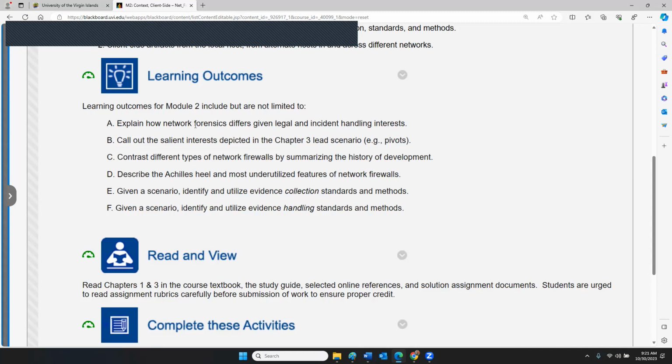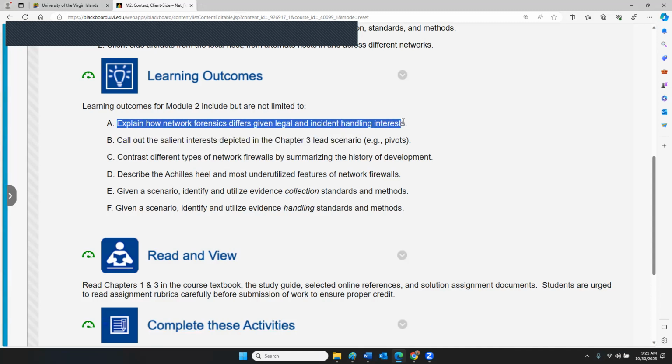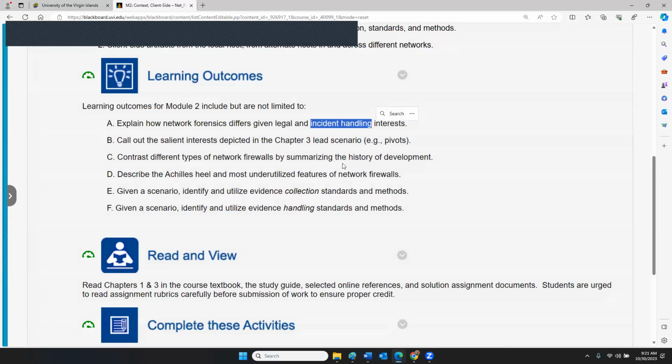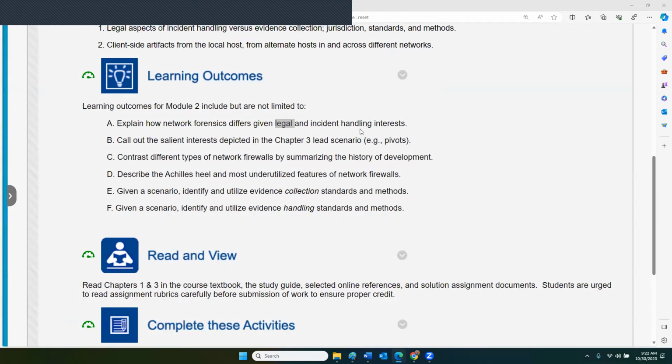To date, for our learning outcomes in module 2, I believe we did have a review and a discussion about how investigations, even in the incident handling context, may quickly or unexpectedly lead to a legal interest, right? It could be litigation, there could be lawsuit interests, or it could be that a law has been broken.